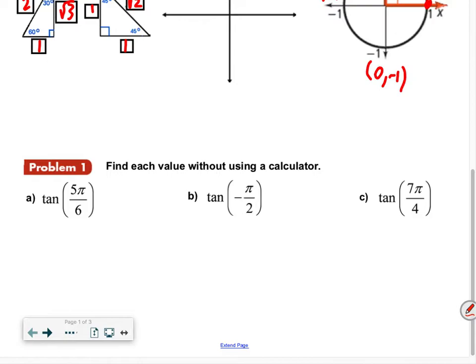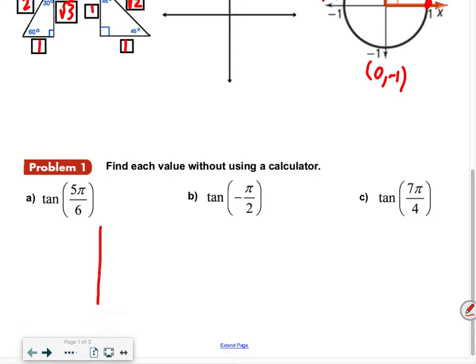So tangent of 5 pi over 6. 5 over 6 is not completely 1, so I am just pi over 6 short. My pi over 6 is 30 degrees, so I'm 30 degrees short of my 180.